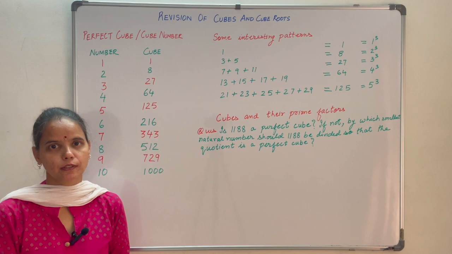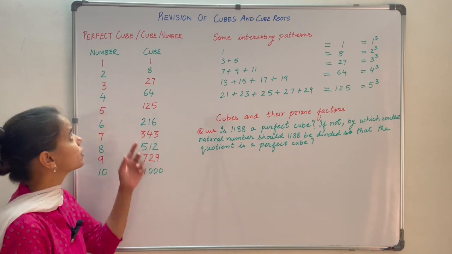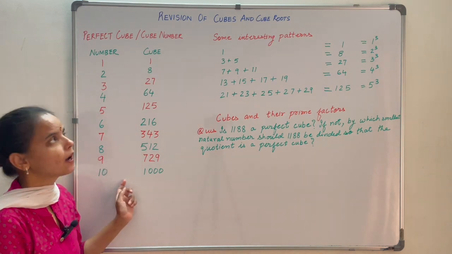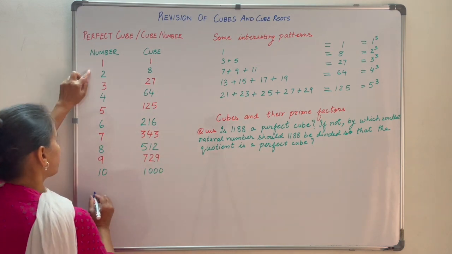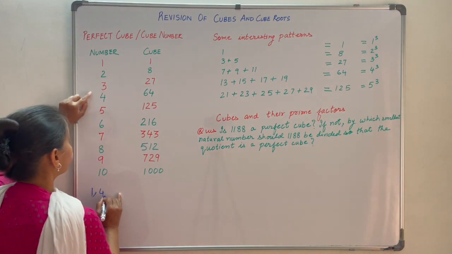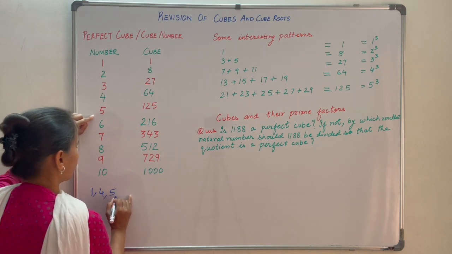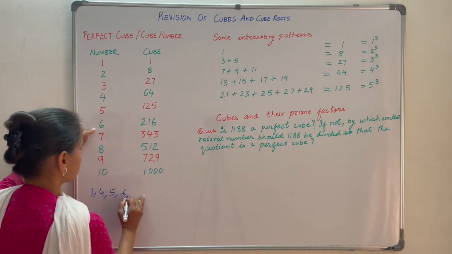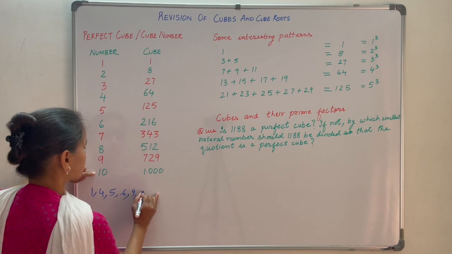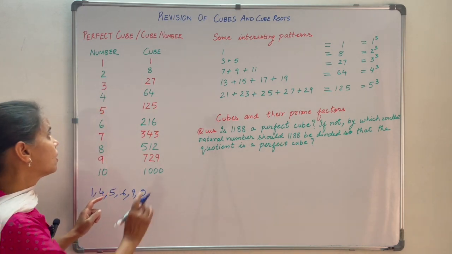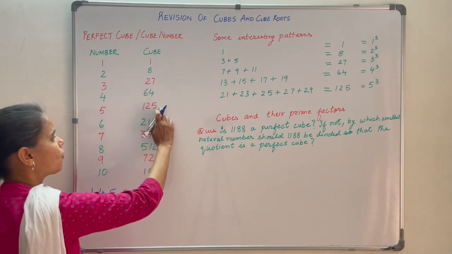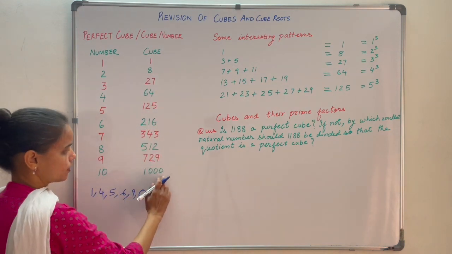Let us now observe the relationship between the unit place of a number and the unit place of a cube number. If the number ends with 1, 4, 5, 6, 9 or 0, the perfect cube also ends with respectively 1, 4, 5, 6, 9 or 0.